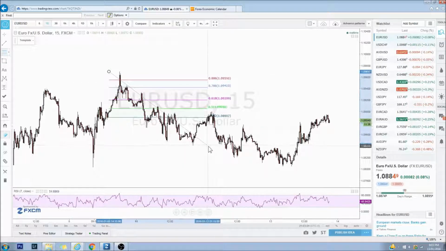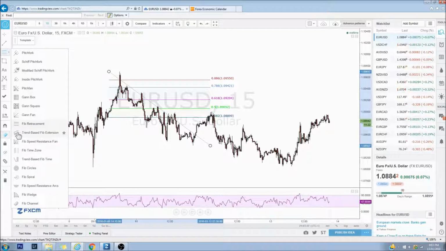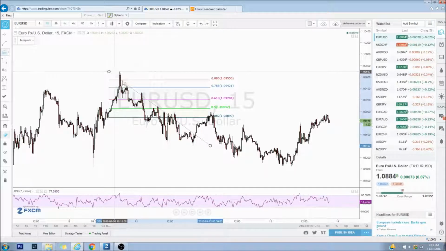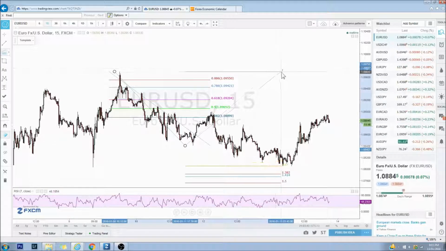Now you can take a fib down to here, where you can see this has come back up, broken structure, came sideways, broke structure again to the upside. And we have a 382. And you also have a possible extension from there to there, hitting a 127. This one right here.